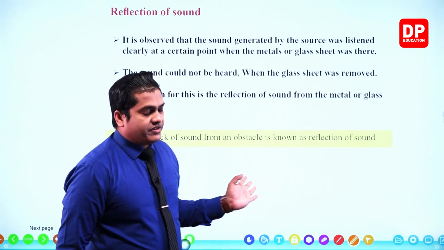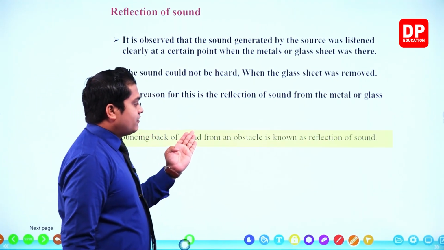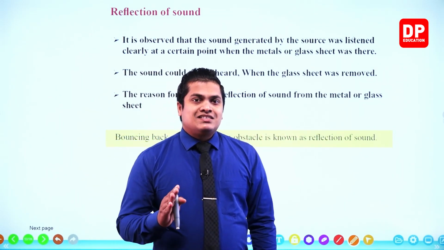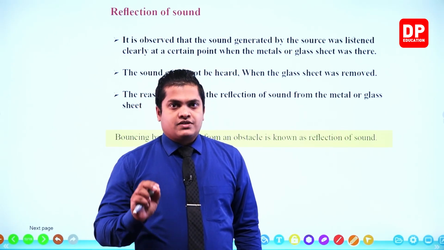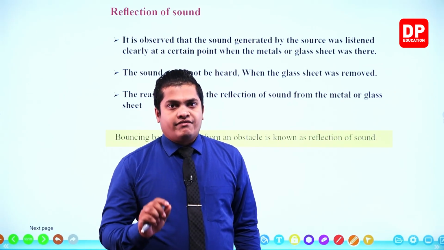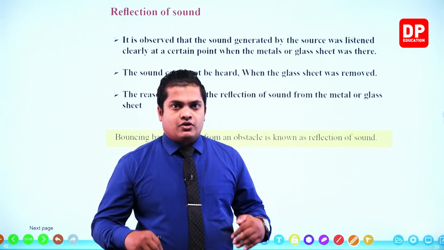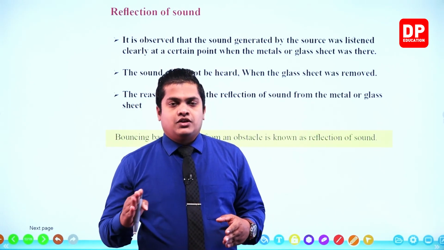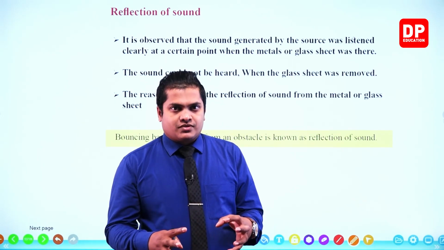So my dear children, you are given a highlighted point over here. What is that? Bouncing back of sound from an obstacle is known as the reflection of sound. Same as the reflection of light, my dear children. The bouncing back of sound waves when struck on an object is referred to as the reflection of sound. Sound waves hit a certain surface and travel in another direction by changing their direction.